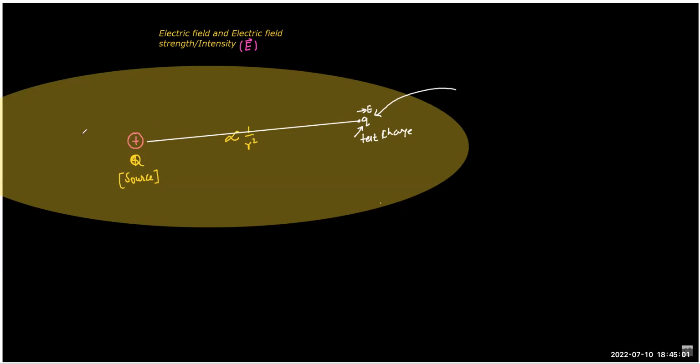Now imagine the very first question we solved in the previous few classes, that if you have two fixed charges, let's say Q and Q, then the point of equilibrium will be at the midpoint, right? Yes. Now, no matter which charge you bring, it will be at rest. Why?